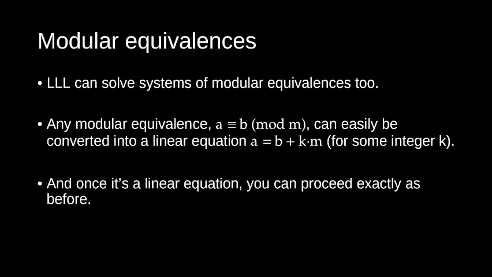Any modular equivalence, A equivalent to B mod M, can easily be converted into a linear equation. You just add plus k times m for some integer k, and k should be less than m. And once it's a linear equation, you can proceed exactly as before.